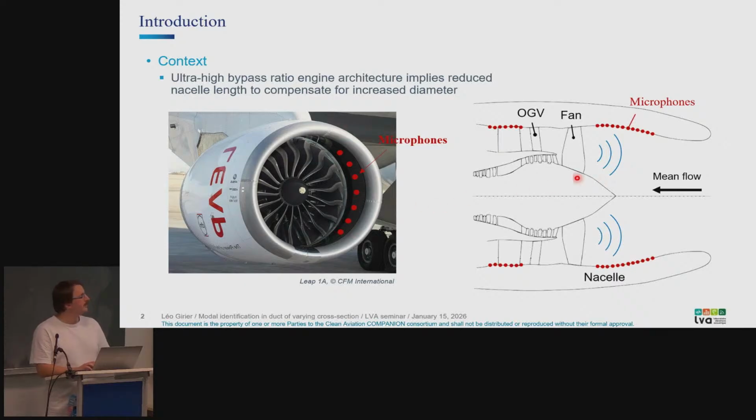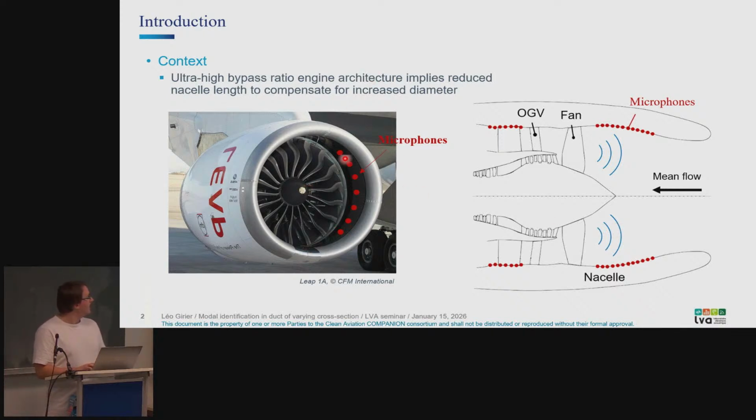And also in the side view, you can see different microphones schematically represented along the axis, and also further down the engine. So the idea is to be able to characterize the engine's noise signature by identifying the structure of the sound wave inside the engine that will help us understand what are the sources of noise.